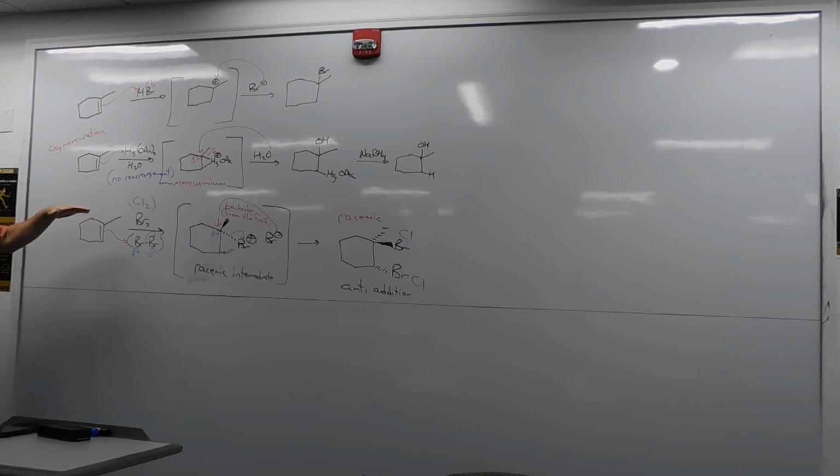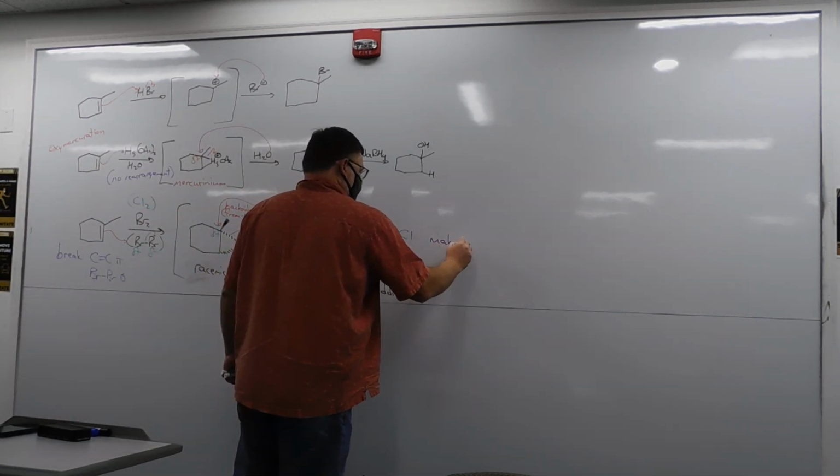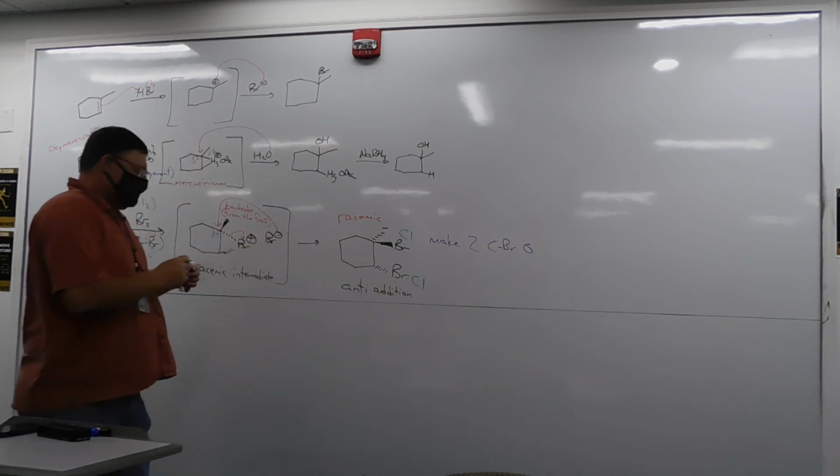You might be wondering about I2. If you think about this, we're going to break a carbon-carbon pi bond and a Br-Br sigma bond, and we're going to make two C-Br sigma bonds.